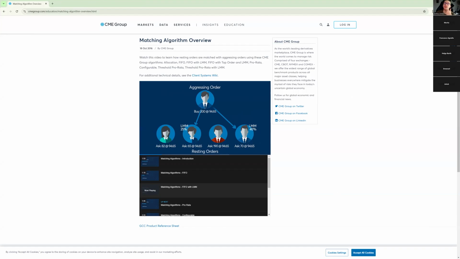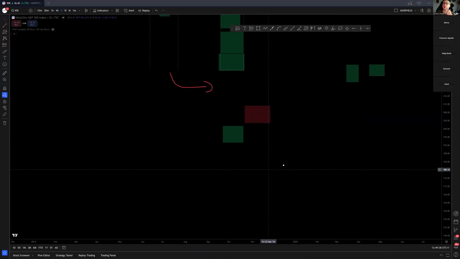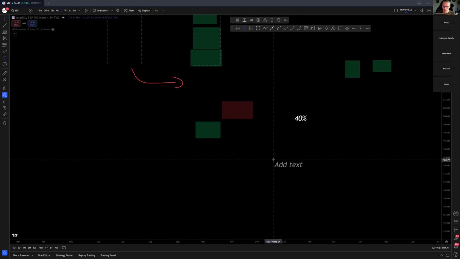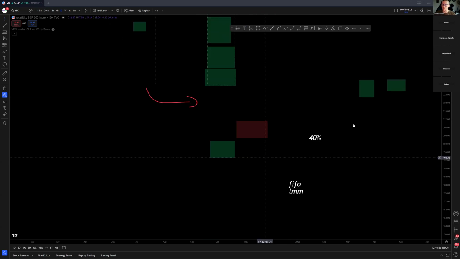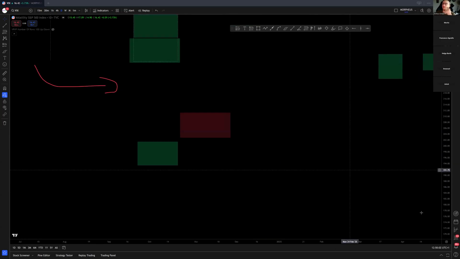So in some markets listed on the CME, there are some market participants who, by right, get 40% of incoming aggressive volume, for example. So part of the book is first in, first out. Part of it is reserved for a lead market maker, which gets most of the contracts. But let's simplify and just say it's a FIFO model.